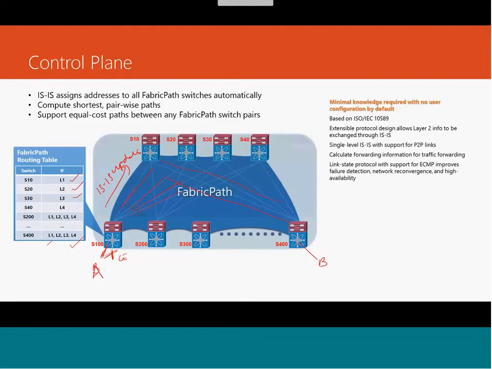Also, you might not find that in the presentation, but I just want to let you know that within the Fabricpath topology, since it's running ISIS, you have the capability of managing multiple topologies.